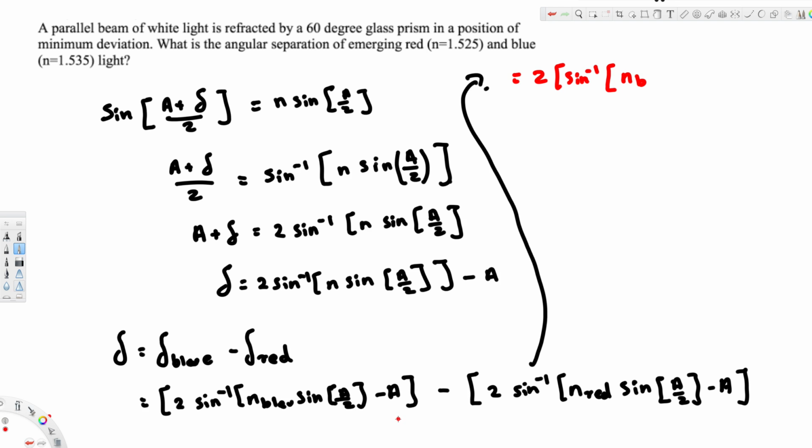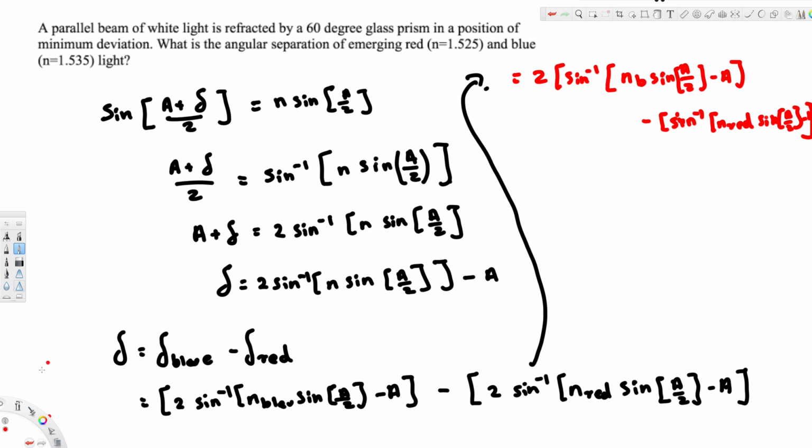I should keep the sine inverse as it is, because I can't bring it together, so I can just take the 2 common. So it becomes 2 times [sine inverse of n blue sine A divided by 2 minus A, then minus sine inverse of n red sine A divided by 2 minus A].